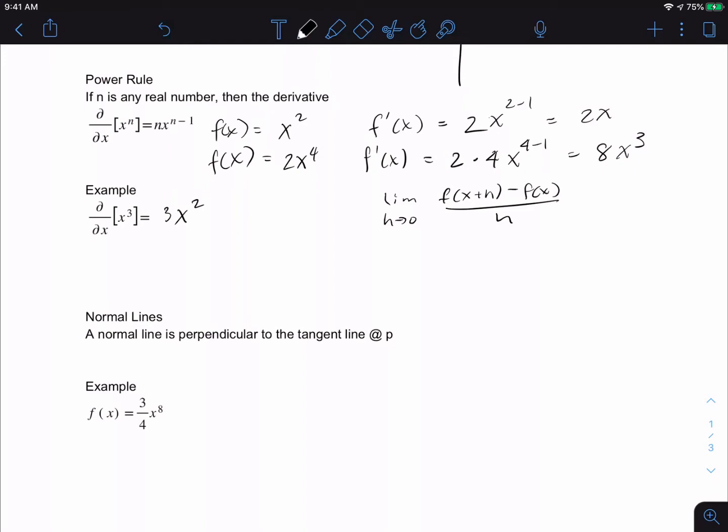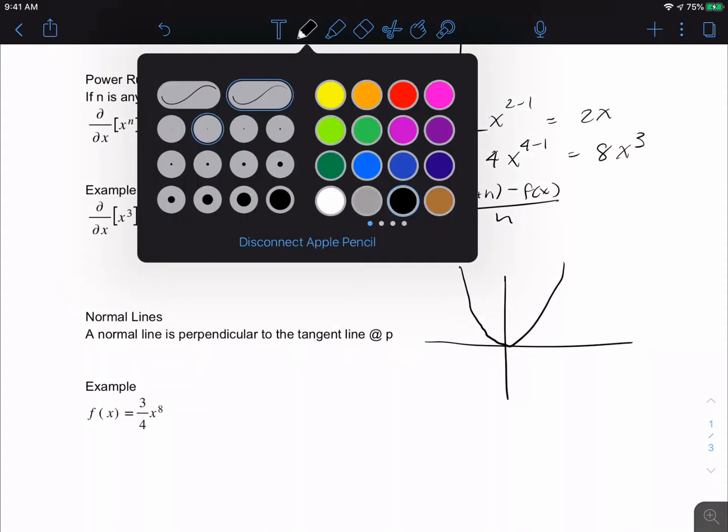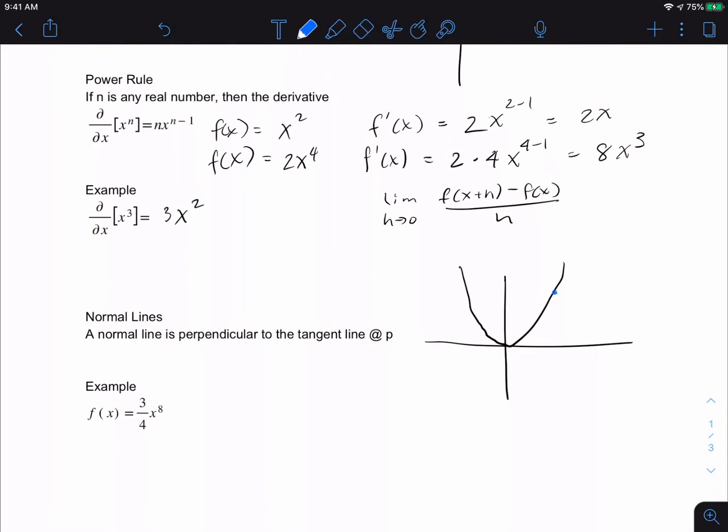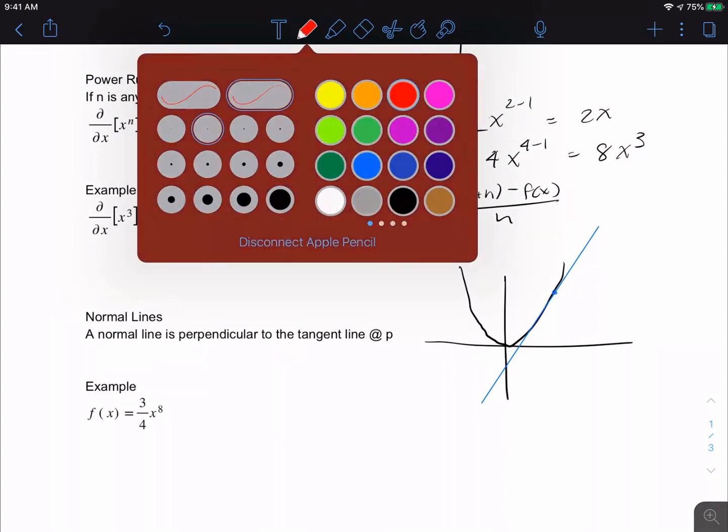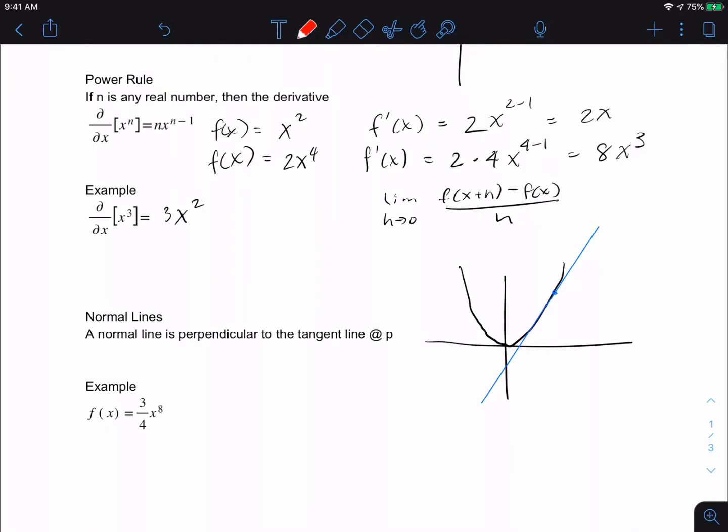I'll give you just a quick picture. We've done this a ton of times, right? Where we have y equals x squared, and then, here, I'll use blue. If I have a line that goes this way, that's my tangent line. My normal, I can draw this.